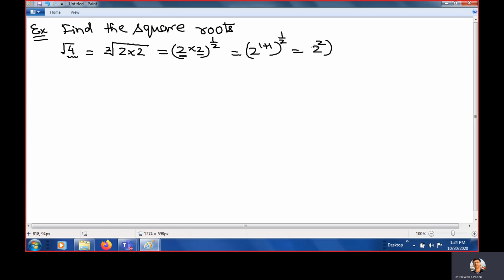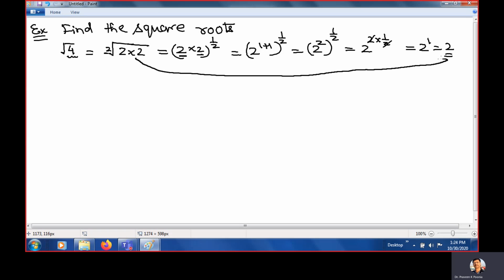That means 2 power 2, power 1 upon 2. And powers always multiply, so this cancels. So how much remains? 2 power 1, that is equal to 2. Clear? Or directly we can write this here. No need to write this expression.